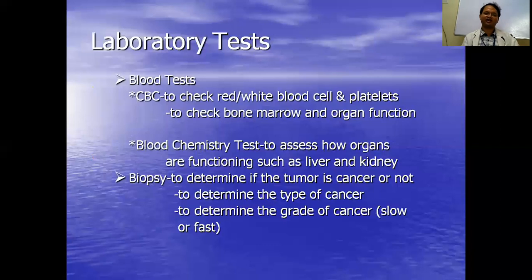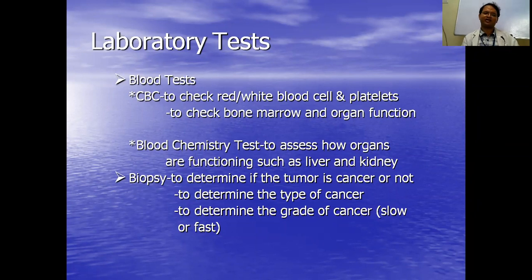About the laboratory tests, blood tests, complete blood counts. This is used to check the red and white blood cells as well as platelets. The bone marrow and the organ function will also be checked by getting a peripheral smear.